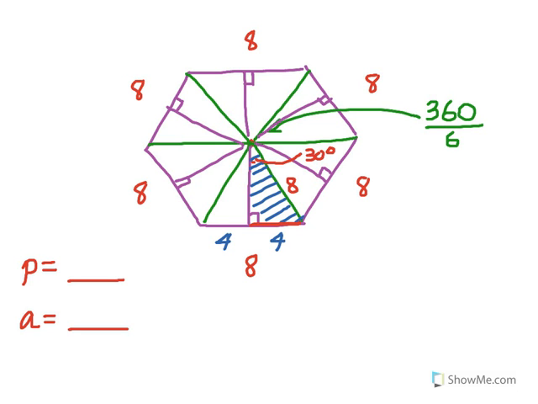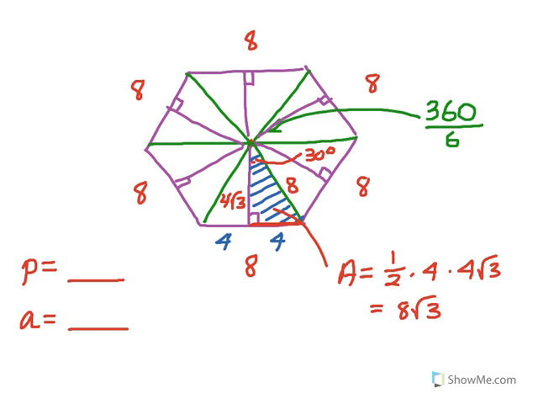And then the apothem, which is the long leg, will be 4 times the square root of 3. So the area of one of those little triangles is 1/2 base times height. So 1/2 of 4 times the height of 4 root 3. So that is 2 times 4, so that's 8 root 3.